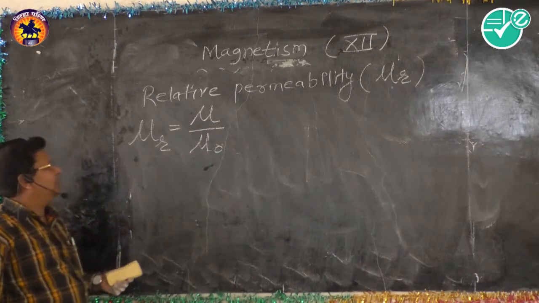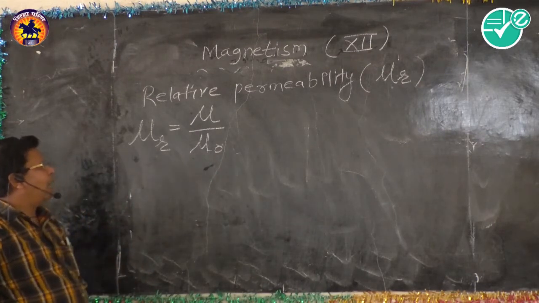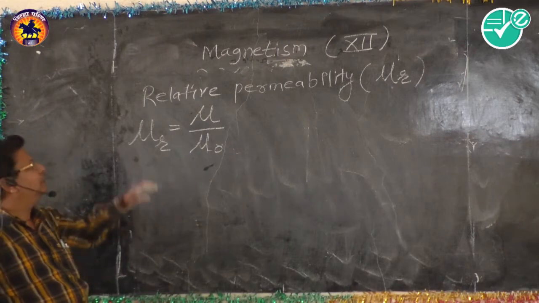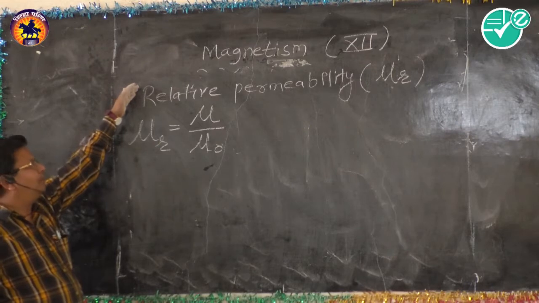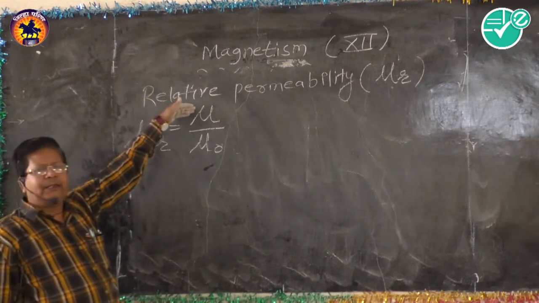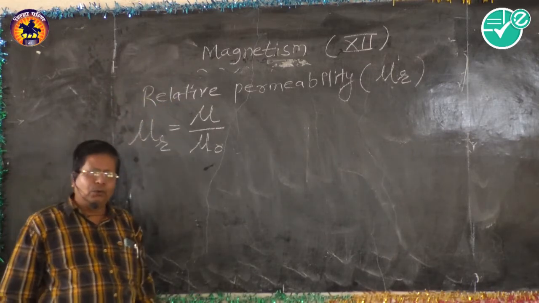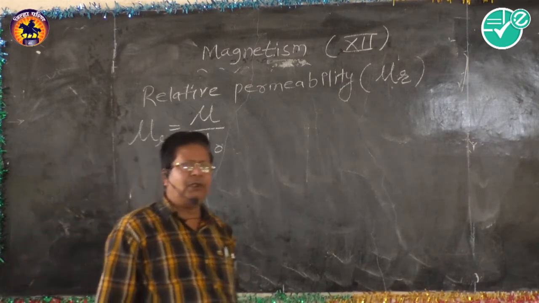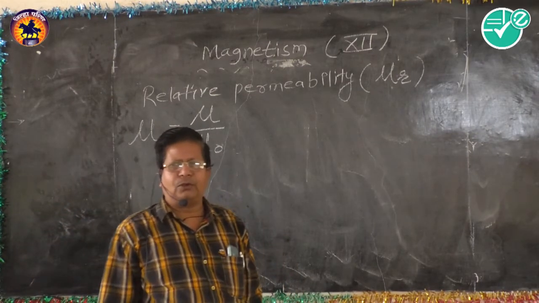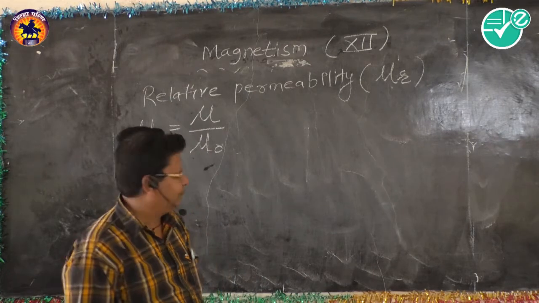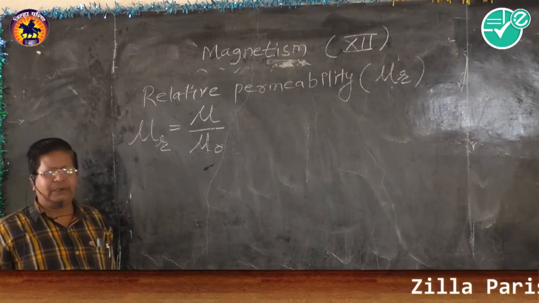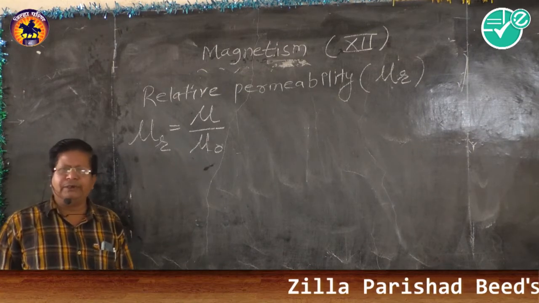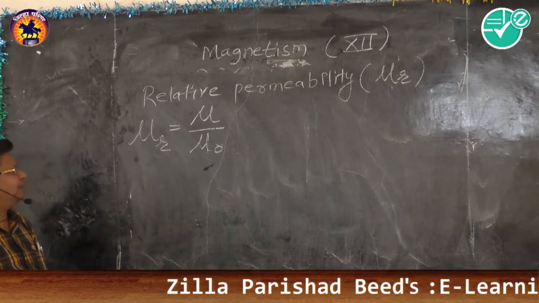So mu r is equal to mu upon mu 0, that means relative permeability is the ratio of magnetic permeability to the permeability of free space or vacuum. Again, it is the ratio of two same quantities. It has no unit and no dimensions.